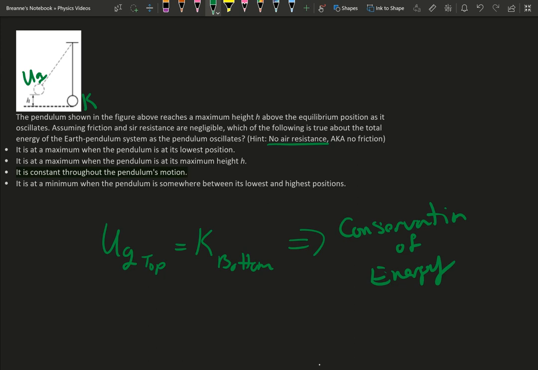So let's think about it. It is at a maximum when the pendulum is at its lowest point. So it's saying that the total energy is at a maximum when it's at its lowest point.